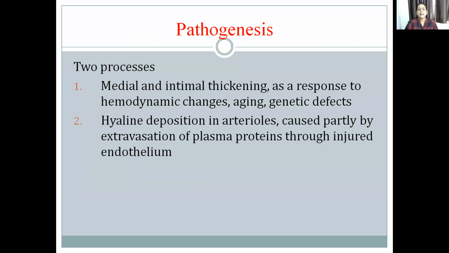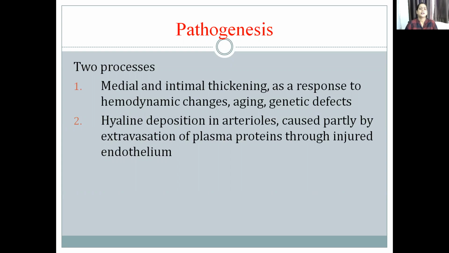Pathogenesis is by medial and intimal thickening as a response to hemodynamic changes, aging, and genetic defects. Hyaline deposition in arterioles is caused partly by extravasation of plasma proteins through the injured endothelium. If you remember the blood vessel chapter, we have already seen what happens in hyaline arteriosclerosis.